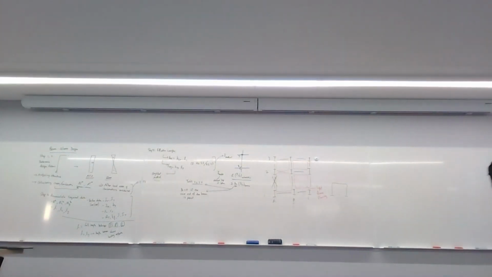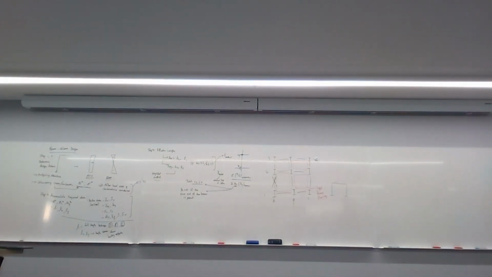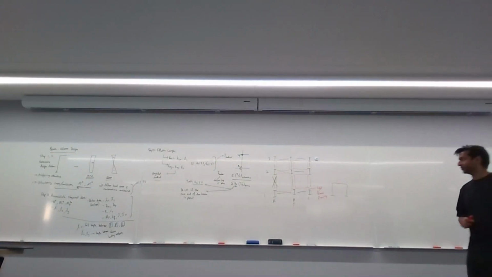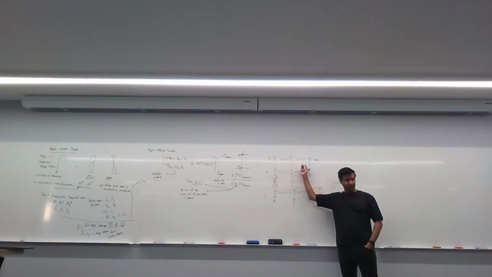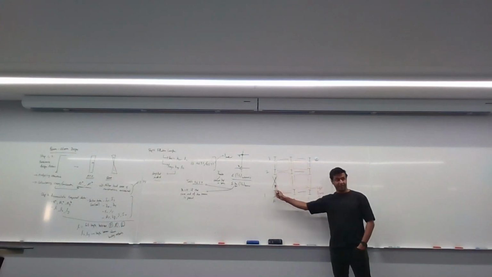Actually, it's because of the light flooring. Yeah, you're saying because of the flooring. Okay, I understand what you're saying. So when you have a force here, what is bracing this frame is the flooring.